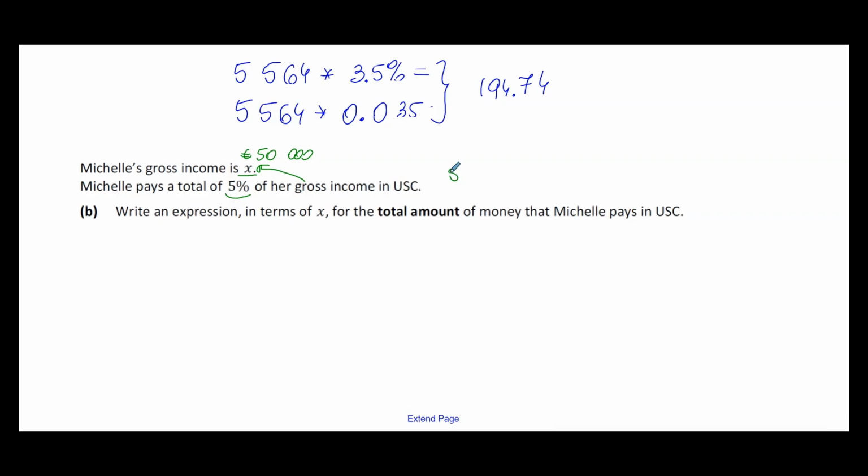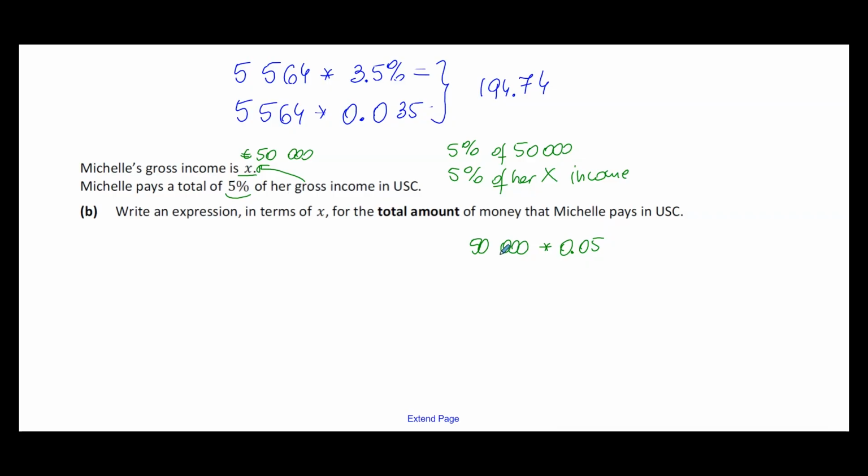If she was earning 50,000, that would be 5% of 50,000. How do we find the percentage of a number? We multiply, isn't it? So 50,000 multiplied by 0.05, or by 5%.